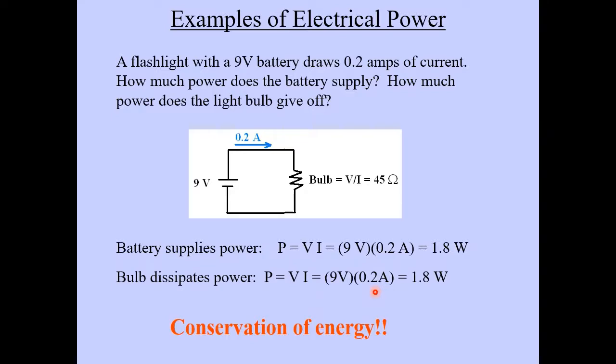So not surprisingly, we get the same number here, 1.8 watts. In other words, every second, 1.8 joules is dissipated by the bulb. Where does that energy come from? It comes from the battery. So this is nothing more than the conservation of energy. The amount of energy that the battery supplies is the amount of energy that the resistance here dissipates as light and heat.